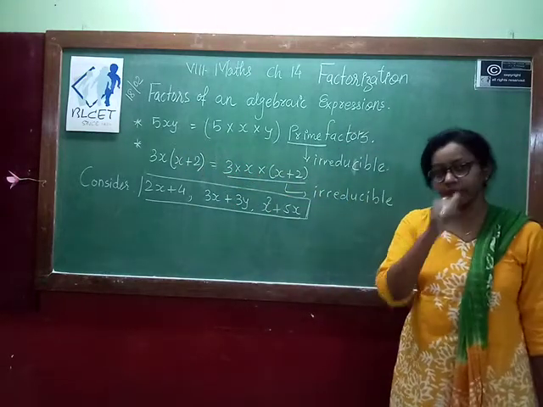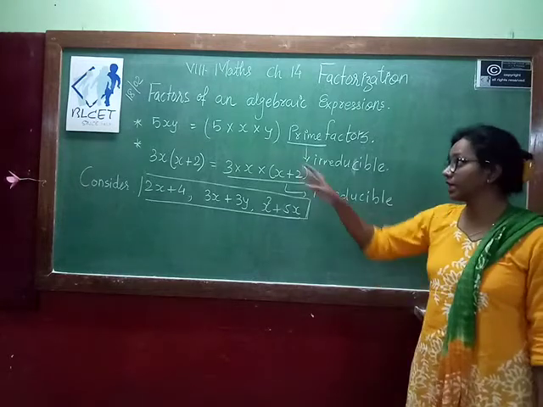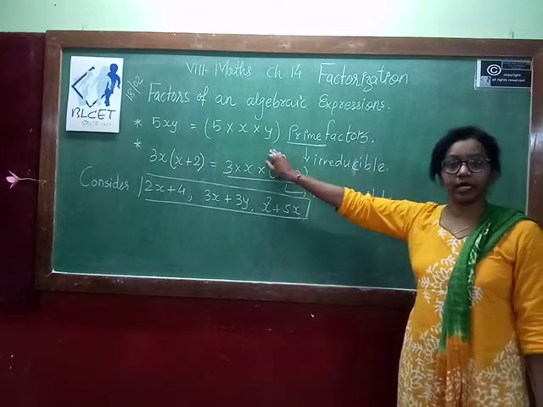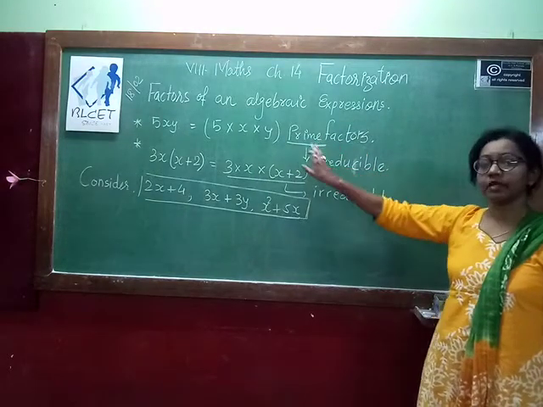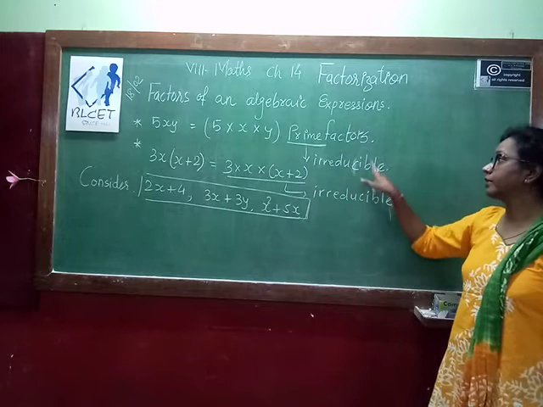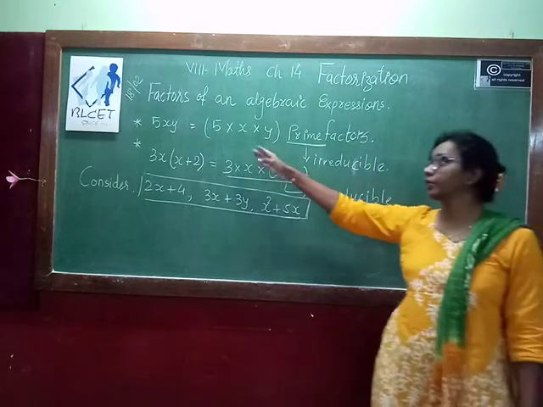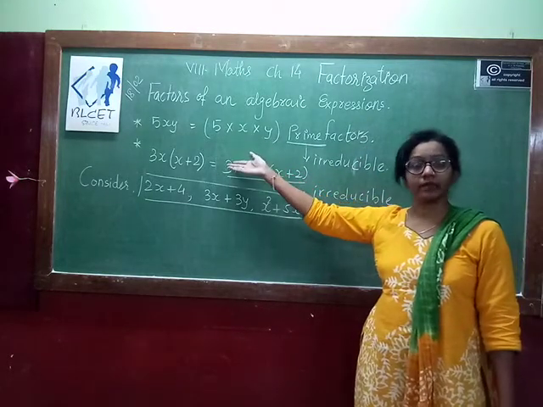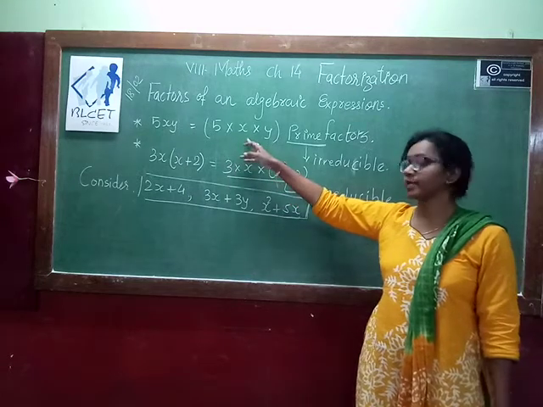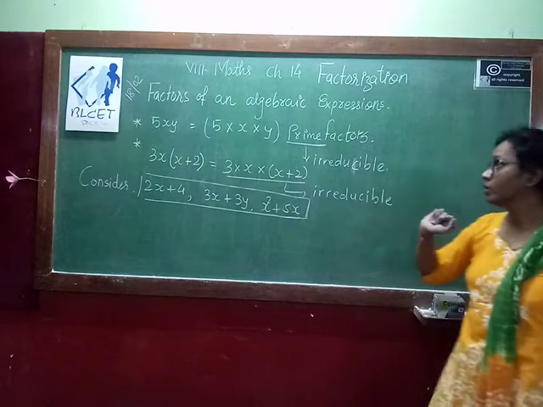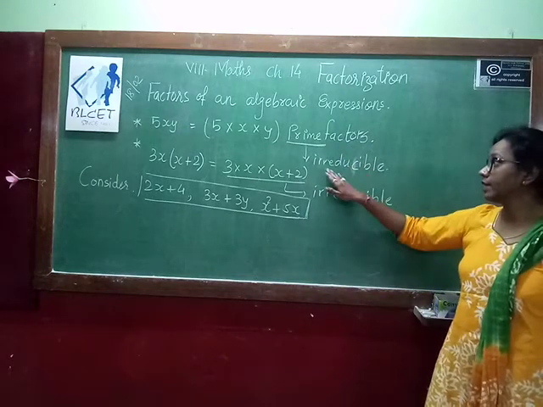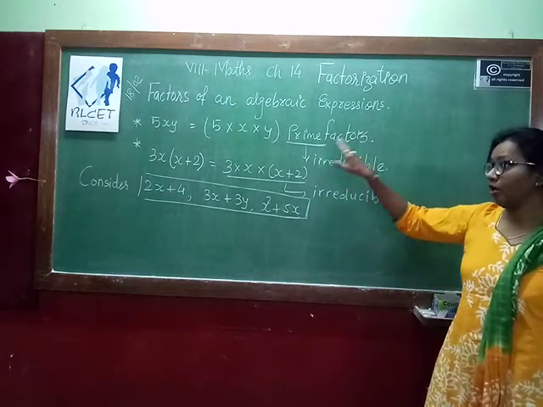Normally for natural numbers we write prime factors, but here variables are included, so we cannot write prime factors. In place of prime we write irreducible factors, because we cannot reduce 5 because 5 is a prime number. We cannot reduce x and y because they are variables, we don't know their value. So they are known as irreducible factors of 5xy.